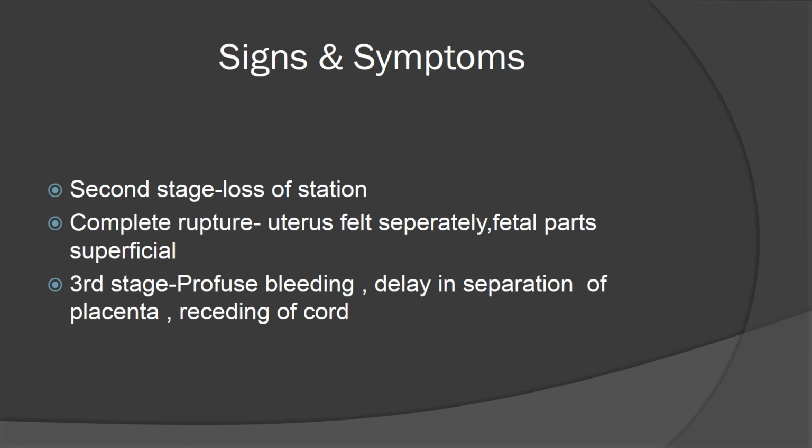The signs of uterine rupture during the third stage are profuse bleeding, delay in separation of the placenta, and, in contrast to the normal finding of elongation of the cord in the third stage, here, since the placenta is delivered into the peritoneal cavity, there can be receding of the cord.